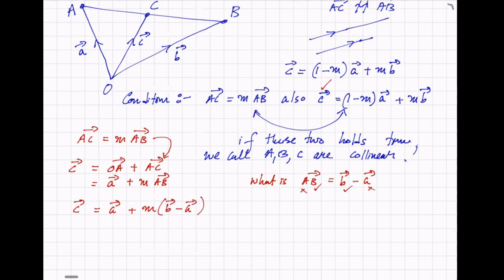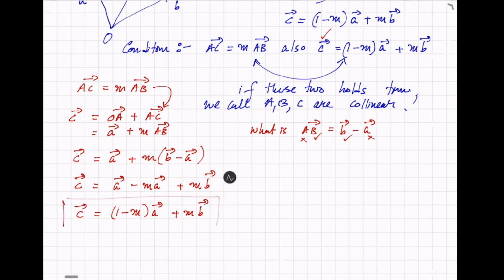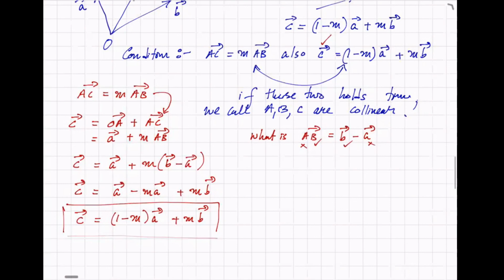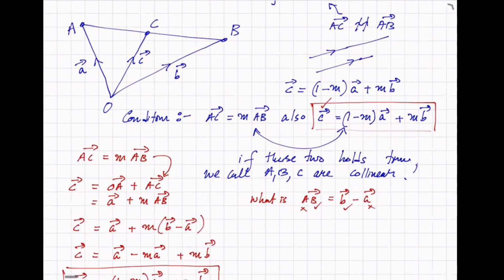Right? So now we can simplify this a little bit. You have A vector here minus m times A vector plus m times B vector. This is C vector. So if you simplify, (1 minus m) A vector plus m times B vector is equal to C vector. That would be the second condition, and we proved it. So again, remember, the condition to be collinear is this: AC should be equal to m times AB.